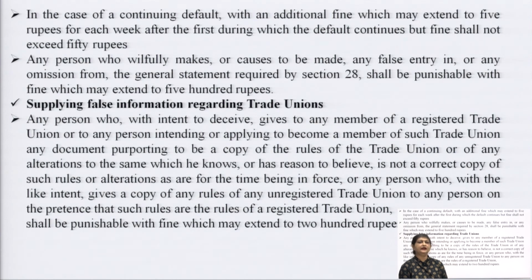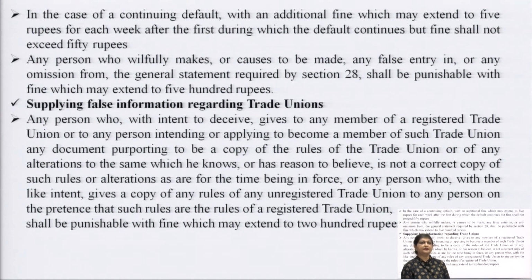In the case of a continuing default, with an additional fine which may extend to 5 rupees for each week after the first during which default continues, but the fine shall not exceed 50 rupees. Any person who willfully makes or causes to be made any false entry in or any omission from the general statement required by section 28 shall be punishable with a fine which may extend to 500 rupees.